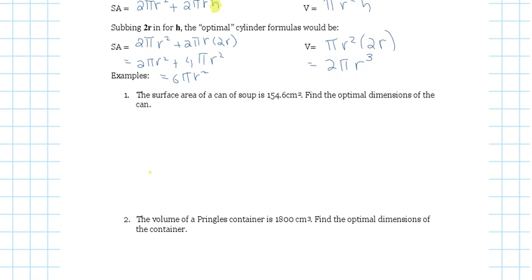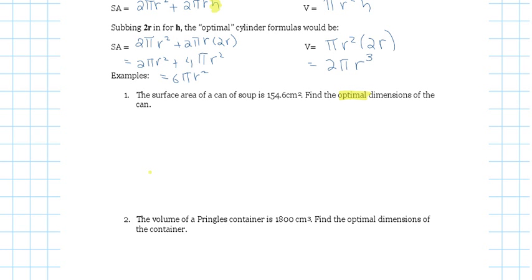Where do I start? The word optimal dimension is the key that tells me I'm looking at the optimal shape. So, surface area equals 6 pi r squared.